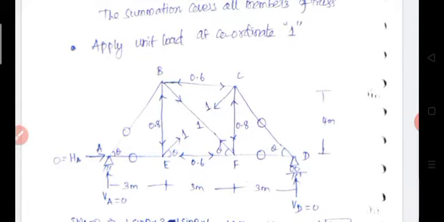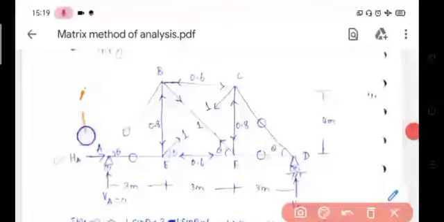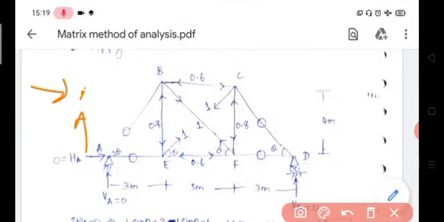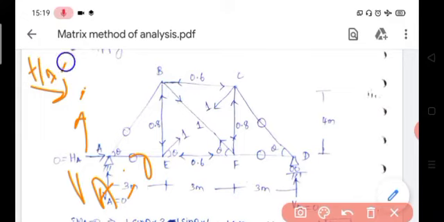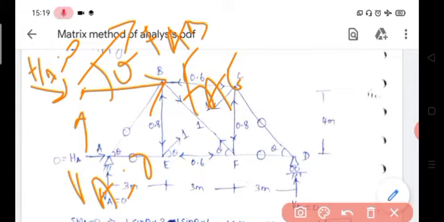Okay. So take each joint. First let us consider joint A. Okay. So this is our joint A. So the joint has totally 4 forces. One is Va, which is equal to 0, then Ha also equal to 0, then it is connected by 2 members. One is AE member, initially taken as tension, FAE, then FAB, then this angle is theta.